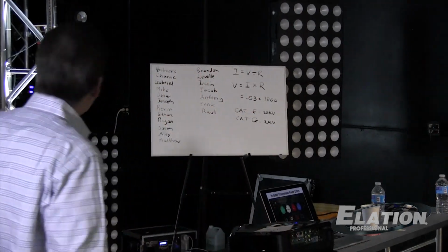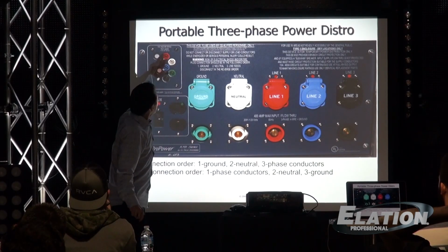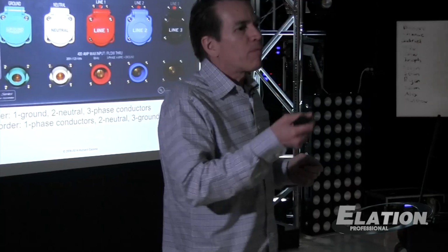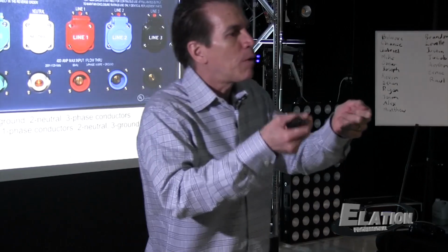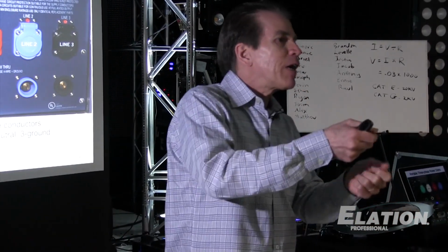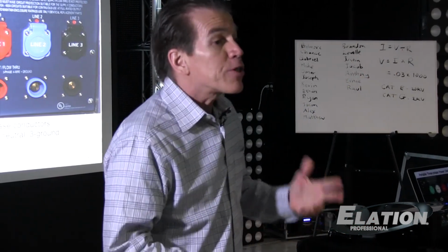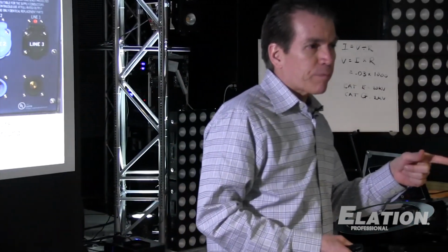So you'll connect this, and then you can put your probes in those holes, and you want to meter from phase to neutral between the three phases: phase A to neutral, B to neutral, C to neutral. Then you meter phase to phase: A to B, B to C, and C to A. You should get 208 from phase to phase and 120 from phase to neutral.